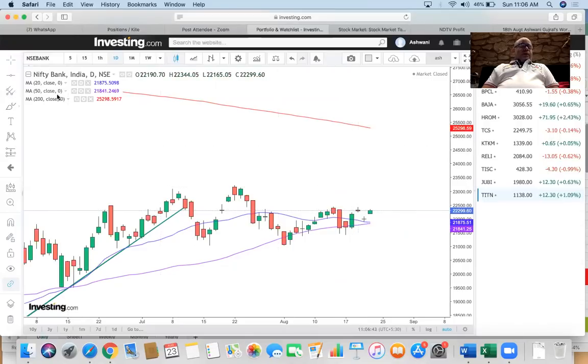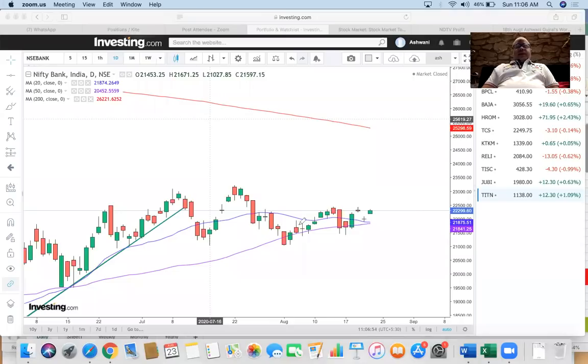So what we are getting here is a range, like we had one on the Nifty.